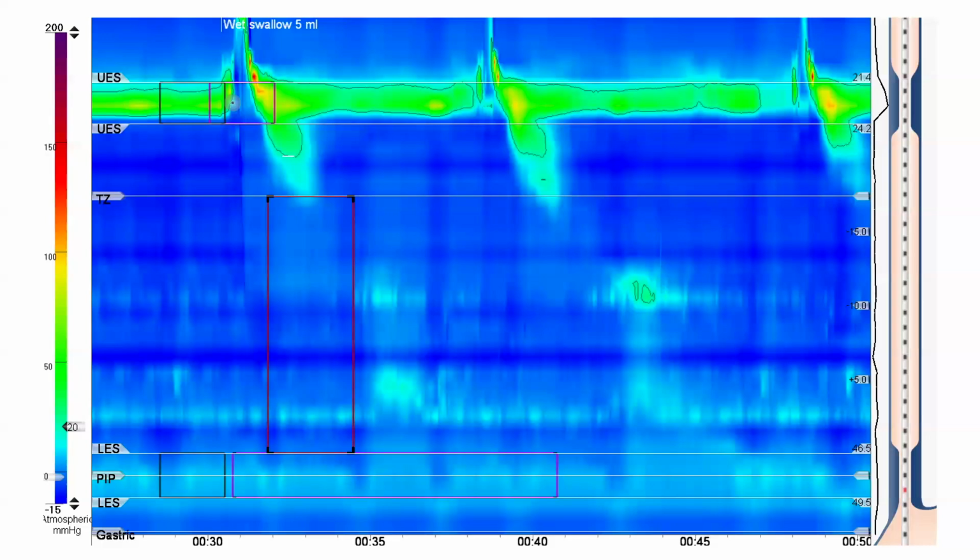It should be normal, because if there is absent contractility and the IRP is abnormal, above the threshold of 20, that means we are moving to achalasia type 1. We are in a different category. But here we're talking about a normal LES, so we're still not in the achalasia realm.